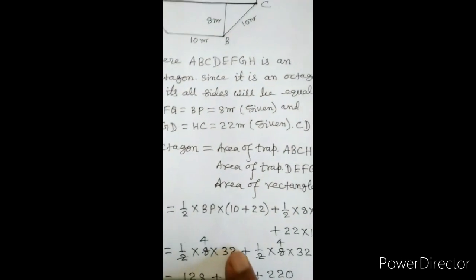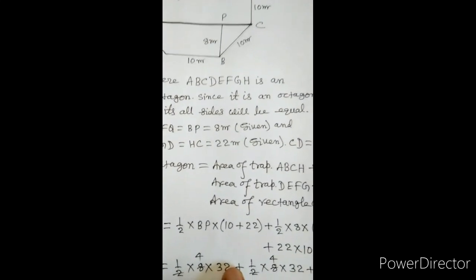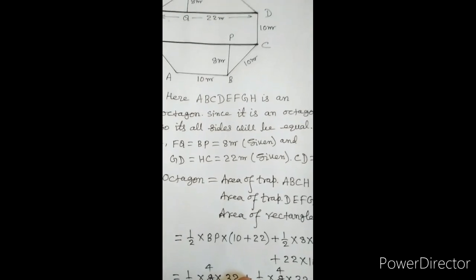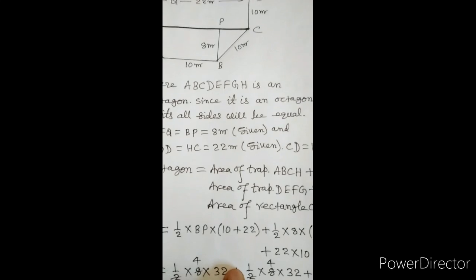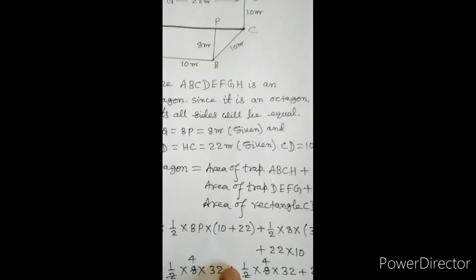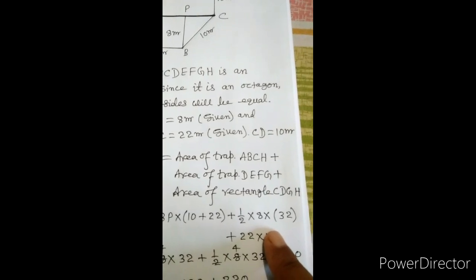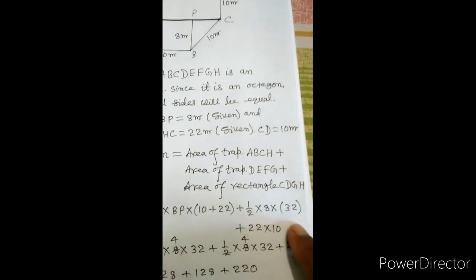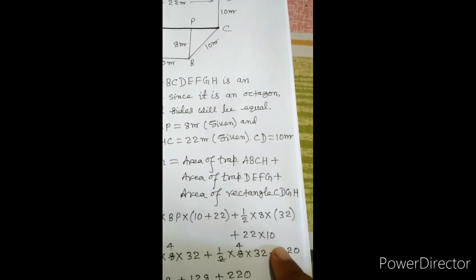It is equal to half into BP, that is 8 meter, plus sum of parallel sides, those are 10 meter and 22 meter, plus half into 8 times 32, this is also trapezium, plus this is rectangle, length is 22 meter and its breadth is 10 meter.